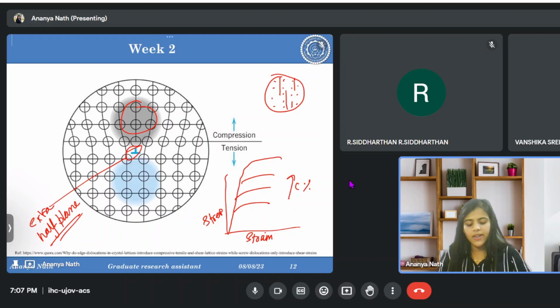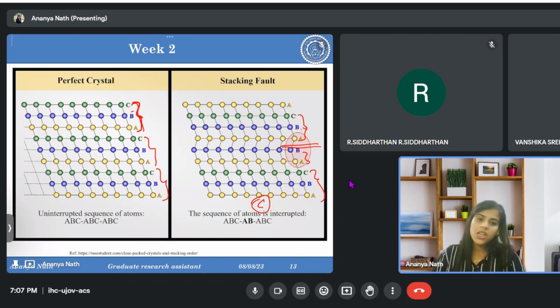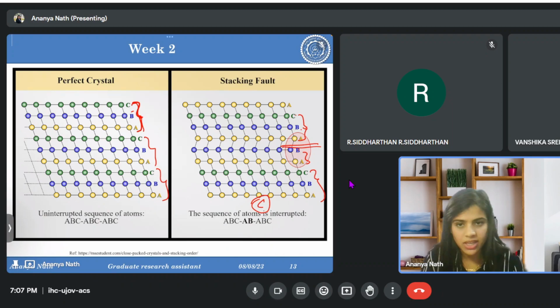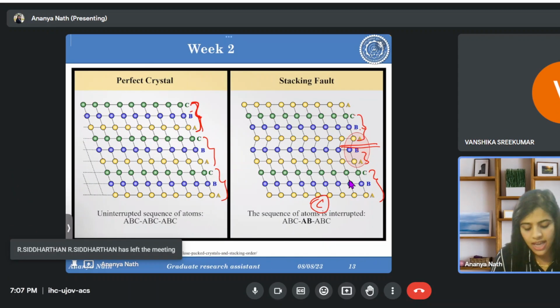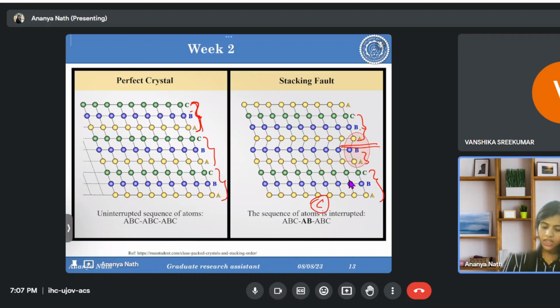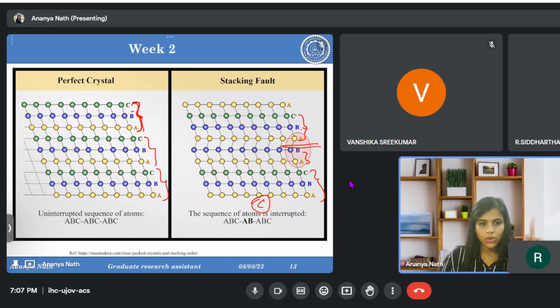Then there was modulus interaction. The modulus interaction is also similar. Always remember, for edge dislocations, if solute atoms are present, they will introduce compressive, tensile and shear stress. But for screw dislocations, as I showed in one slide, there is a helical, spiral structure through which the dislocation will move.